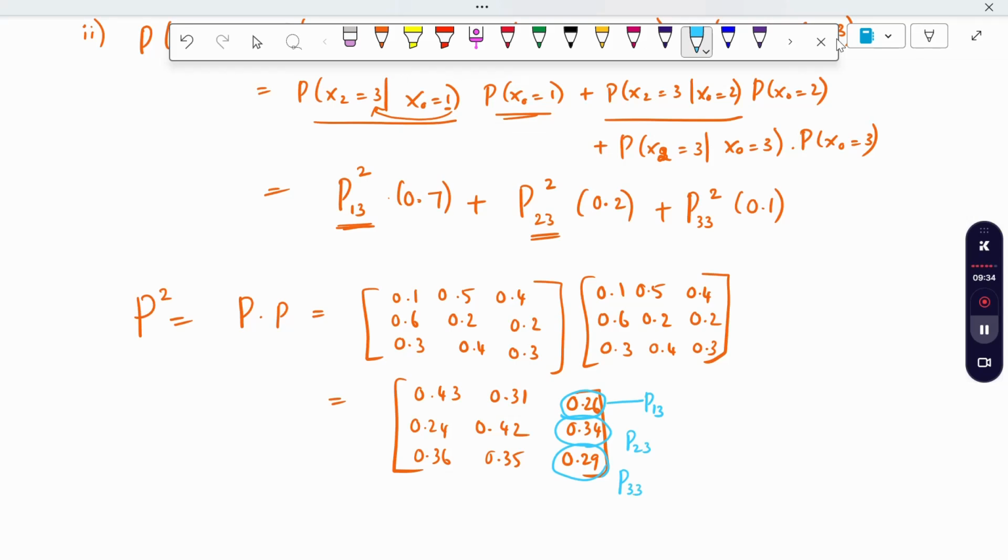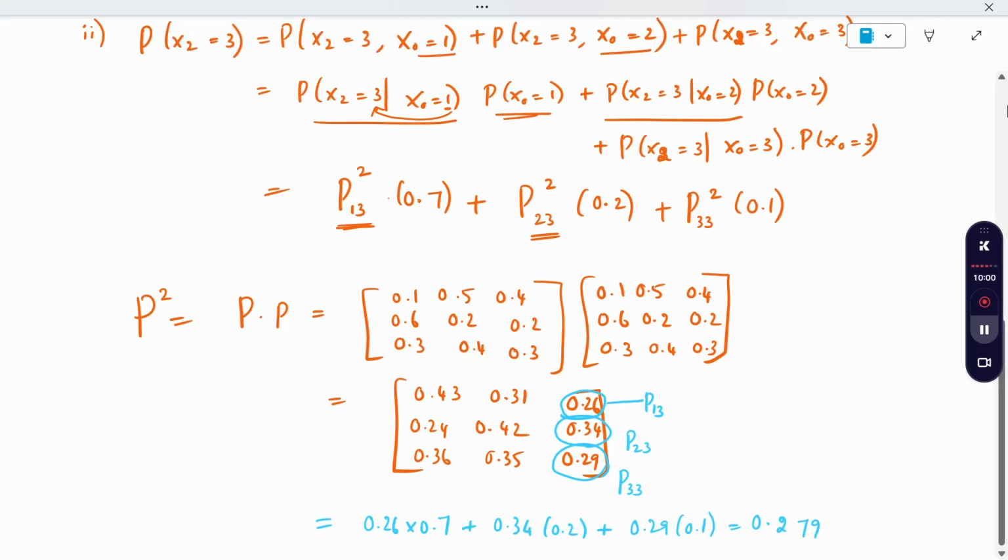Now substitute all this data and we will get the answer. It is nothing but 0.26 into 0.7, plus 0.34 into 0.2, plus 0.29 into 0.1. Everything when I multiply it, I get my answer to be 0.279. So the second subdivision is also completed.